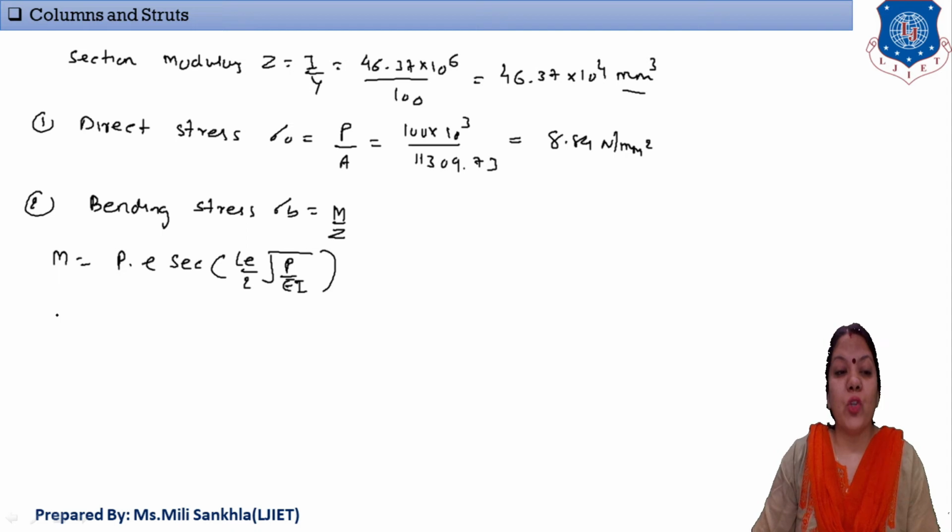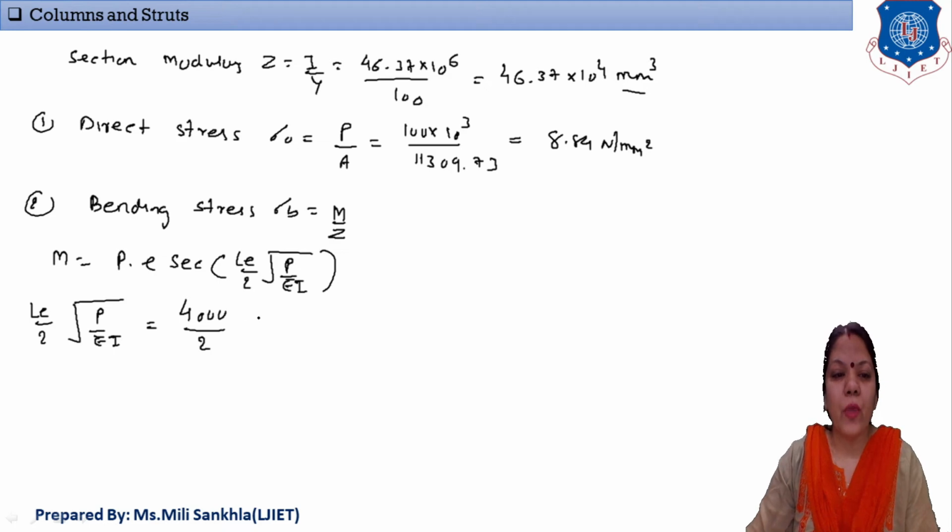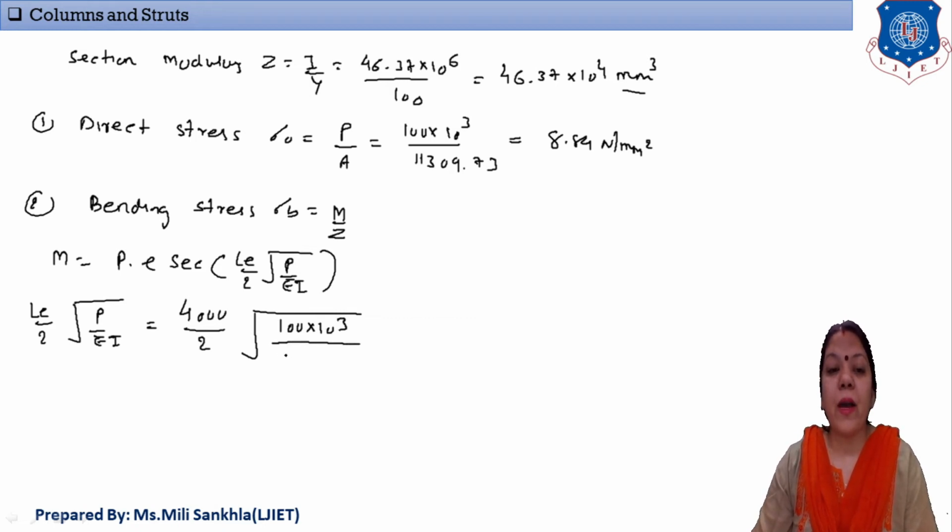Now one by one, first of all we simplify this term, LE by 2 under root of P by EI. Okay, now what is LE? LE is equal to 4000, so right here 4000 by 2 and under root, P is equal to 100 into 10⁵ divided by E, again 100 into 10⁵, and I we found out, I is equal to 46.37 into 10⁶.